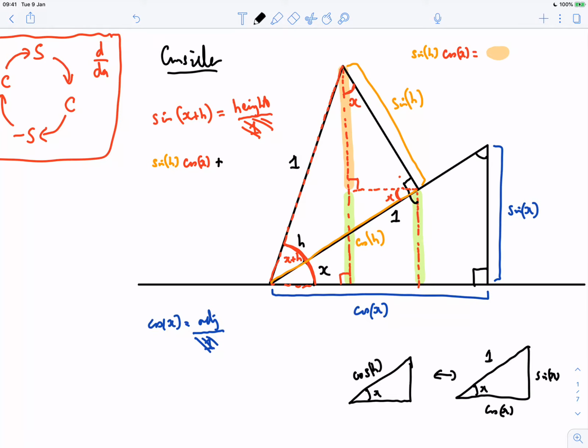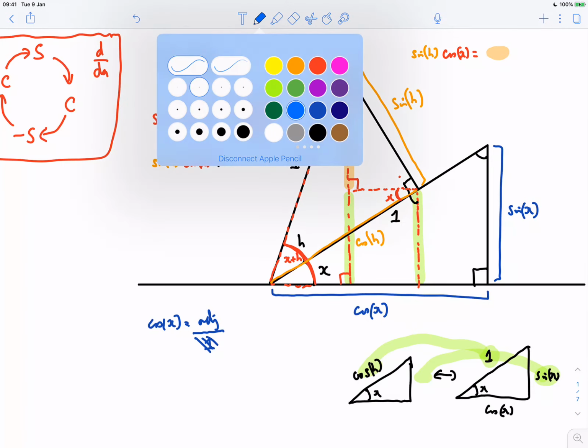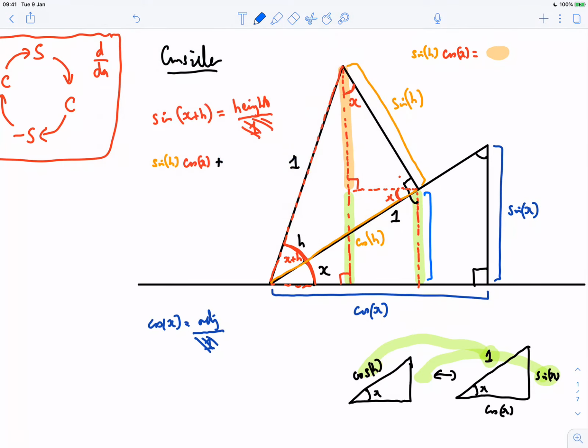So we have to think to ourselves, what do I have to multiply 1 by to make it cosine h? Well, I multiply by cosine h. So then I have to multiply sine x by cosine h to get the new scaled down height here. So in actual fact, this height here is sine x times cosine h.